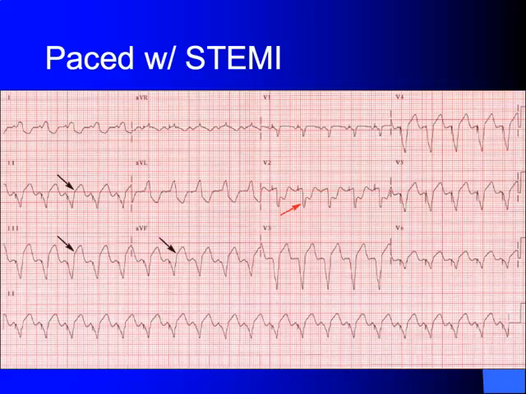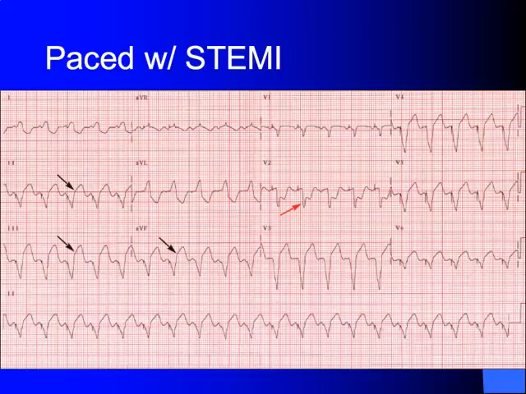So here's an example of our paced rhythm with a STEMI. First off, look at V4. In V4, you see your pacemaker spikes fairly well. Looking at V2, we have concordant ST depression greater than 1 millimeter in one of our precordial leads.